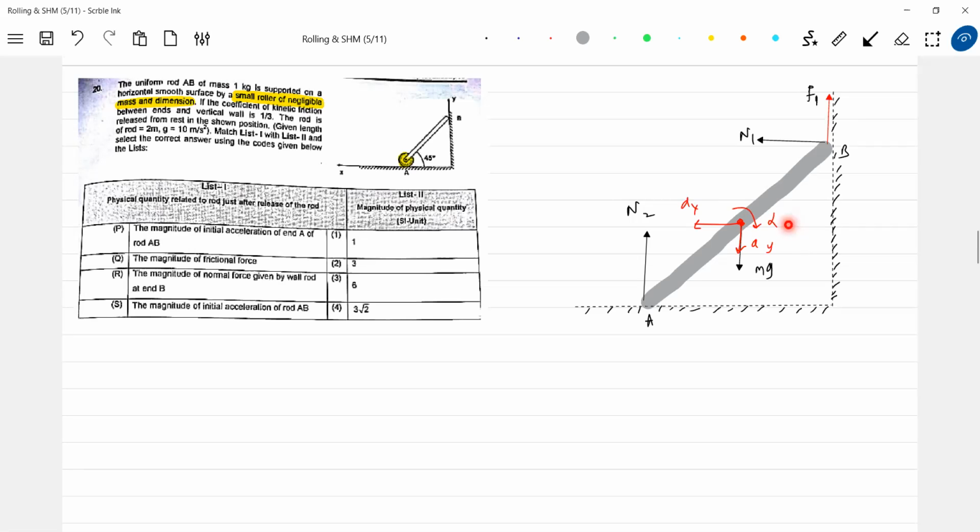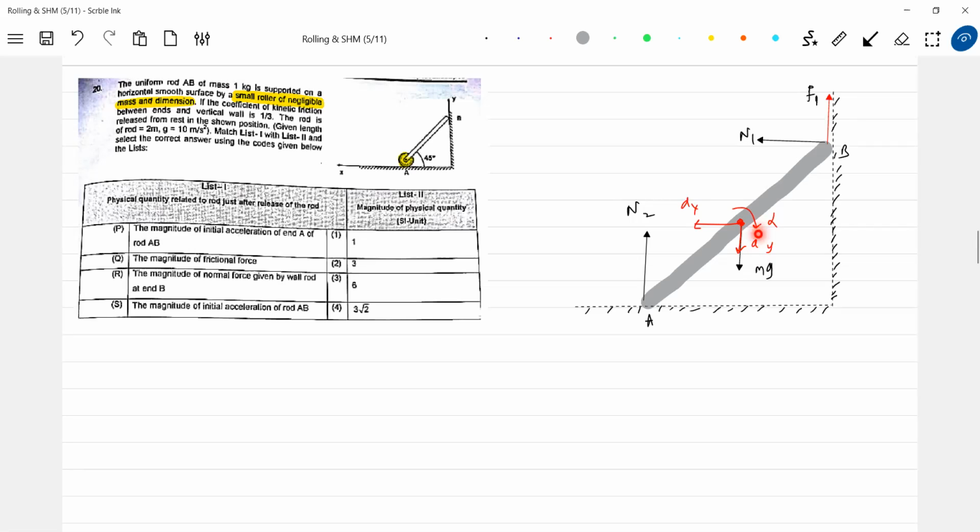Normal contact is acting towards left. Only this N1 is acting on the rod along the x-axis. Why can't ay be upward? It's common sense: if it is set free, this end will move towards left, this end will move towards right. Definitely the center of mass will have a displacement along the y-axis also. So ay, I'm going to take it.